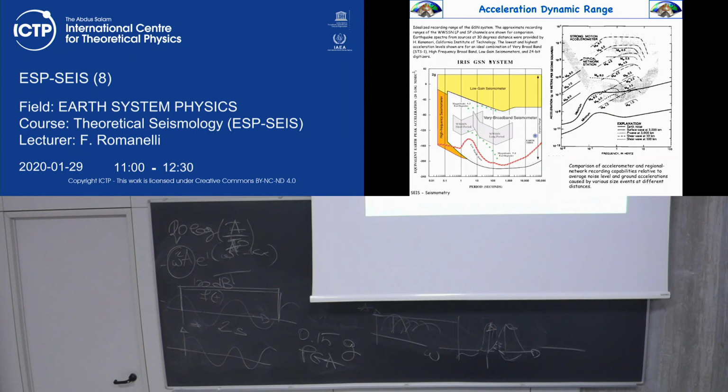Low gain, I think it's 24 bits, because now you know that 24 is the new standard for the resolving power in amplitude. Low gain, I think it's so sensitive that you don't need a large G, but it's my guess. It is sensitive, I think so sensitive that the G does not have to be very large.